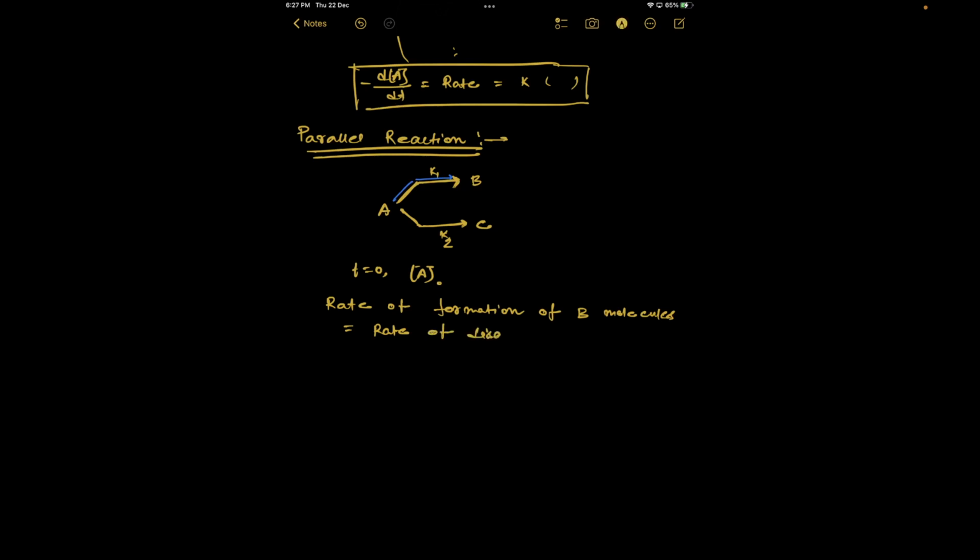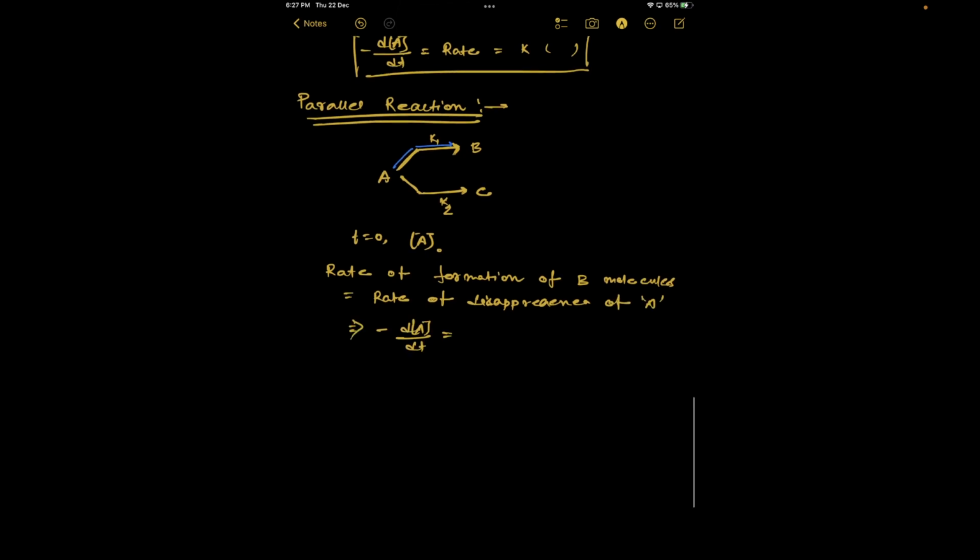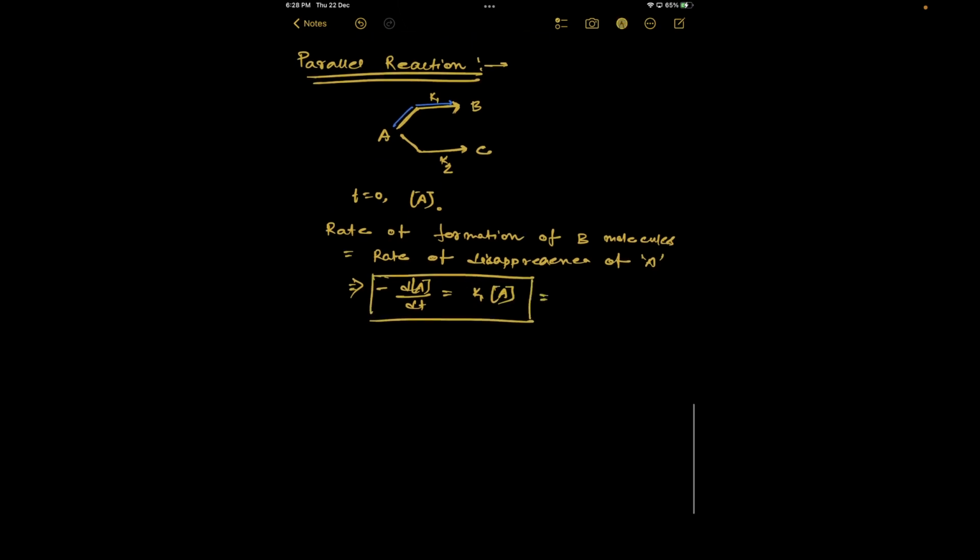The rate of disappearance of A molecules, which is just minus dA/dt, will be equal to the rate constant for this pathway, K1, times the concentration of A, right? Similarly, this will be equal to dB/dt, the rate of formation of B molecules.